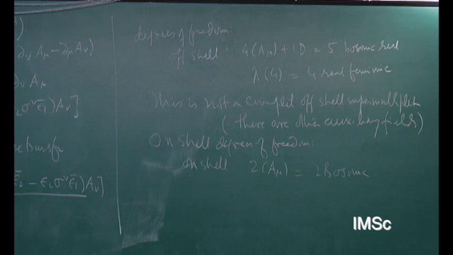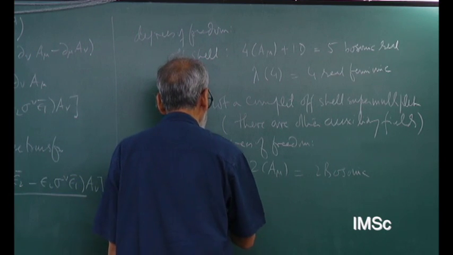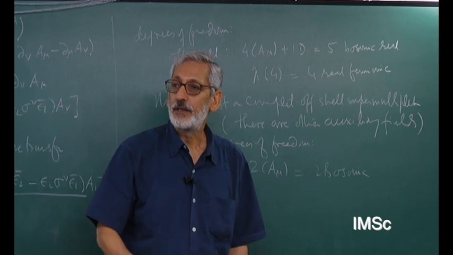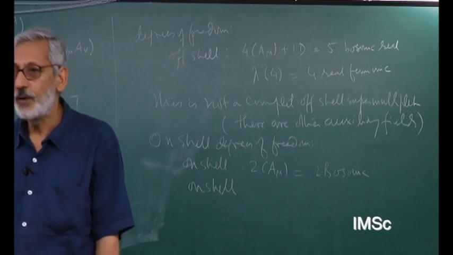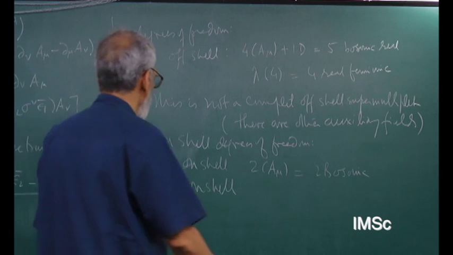And what are the on-shell degrees of freedom of a Majorana fermion? Instead of 4 here, the corresponding Dirac equation will reduce them to 2 real.